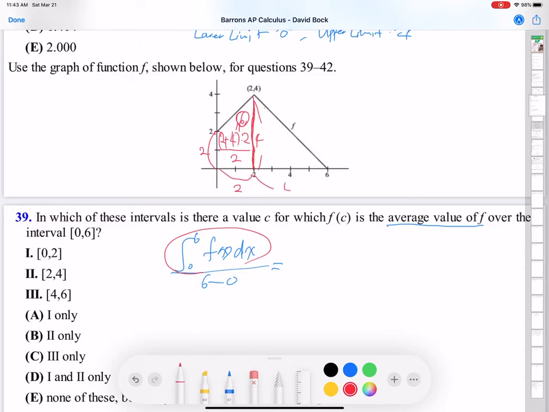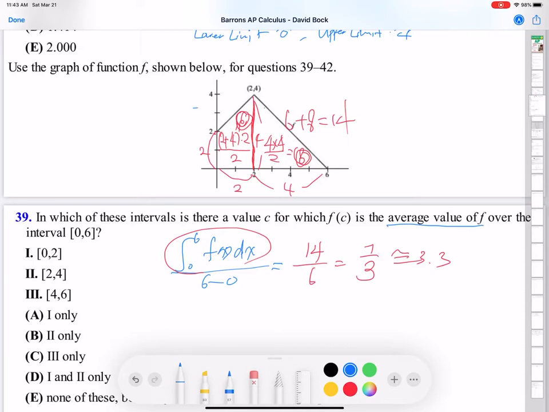The base is 4 and height is 4. So 4 times 4 over 2, which is 8. So 6 plus 8 is what? 6 plus 8 equals 14. So 14 is the area, right? So 14 over 6 is 7 over 3. It is about 3.3.